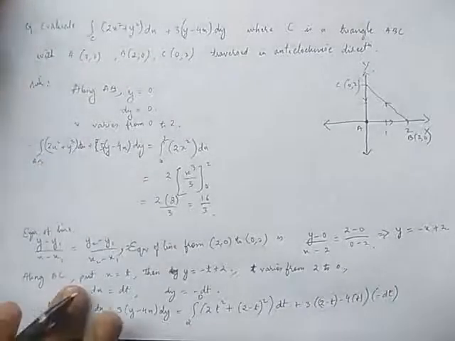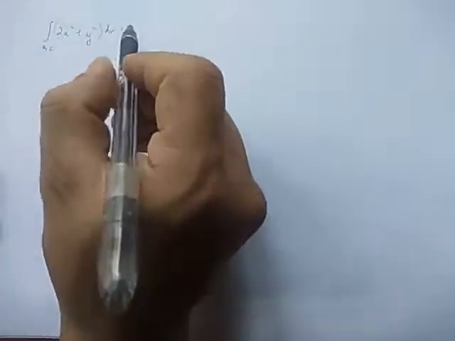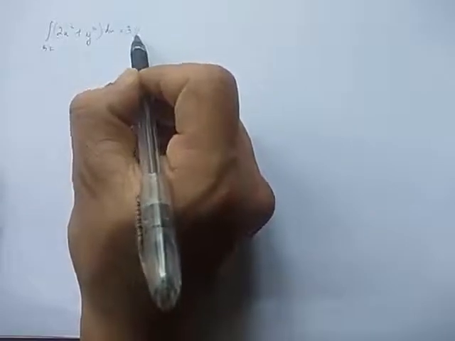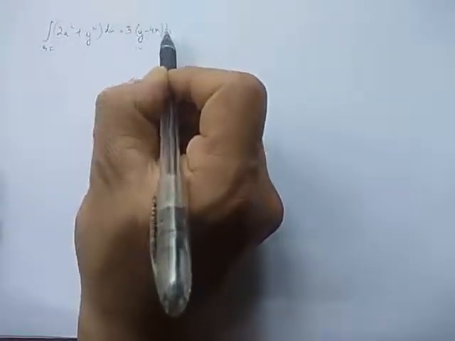Okay, so next, the integration over BC of 2x squared plus y squared dx plus 3y minus 4x dy.